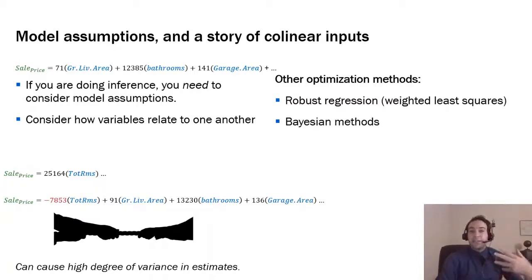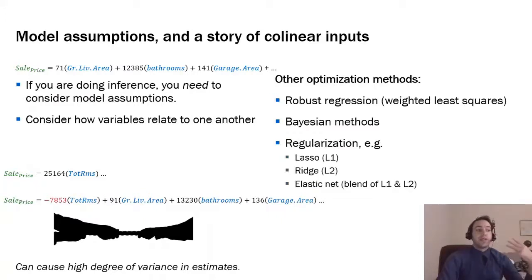You can also use Bayesian methods, which have more rigorous updating procedures and allow you to use priors to prevent the coefficients from moving away as intensely as they might otherwise. You can also use regularization methods, which essentially add a penalty for having higher magnitude coefficients. That's another way of constraining the optimization problem in order to have behaviors that you prefer.